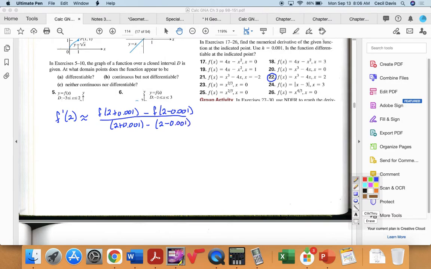You don't have to write it exactly that way, but again, it's slope. It makes sense to me. So let's grab our calculator and figure out what these things are.